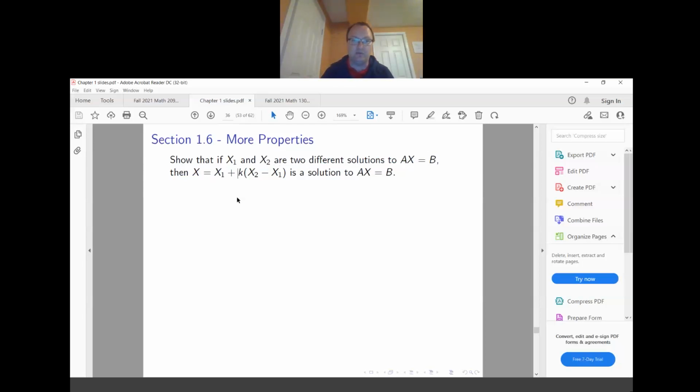If we let k equals 2, we get a solution. 3, 4, 5, we get solutions. So if x1 and x2 are two different solutions, then we can create infinitely many solutions by taking all the infinitely many values of k. So that's the big picture idea behind what we're doing. It's not how we'll show it, but it's the big picture idea of what this gives us.